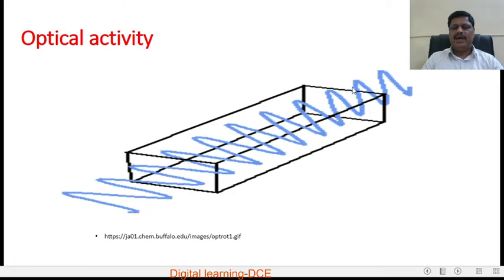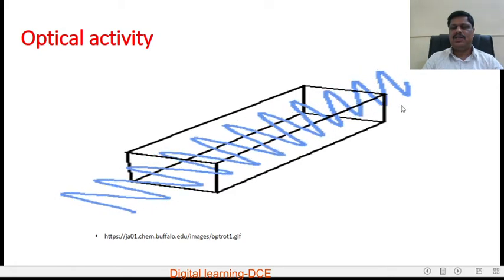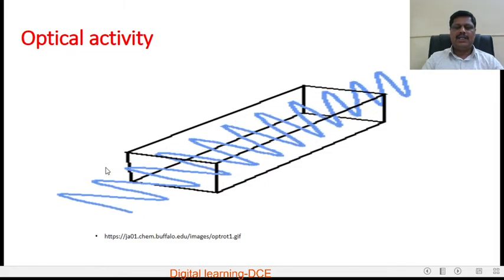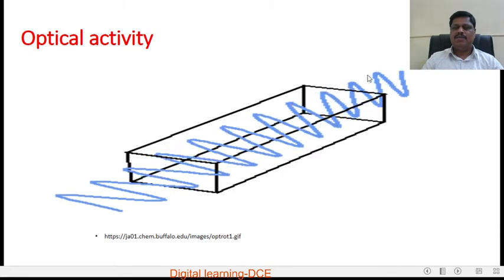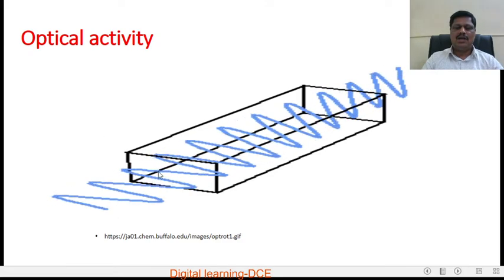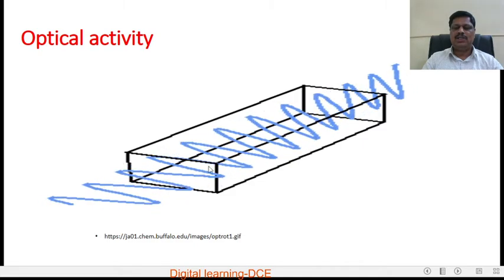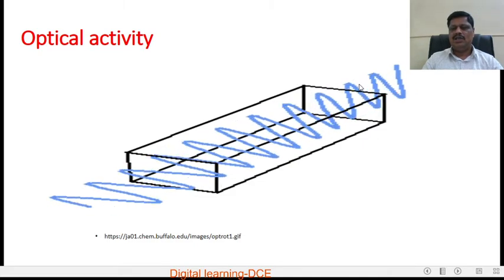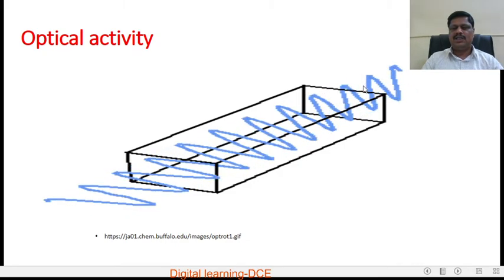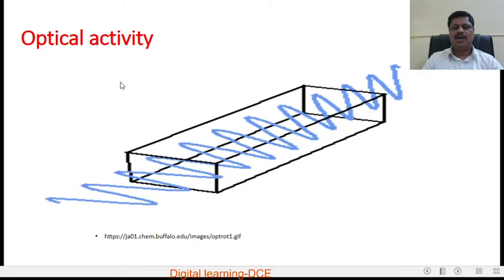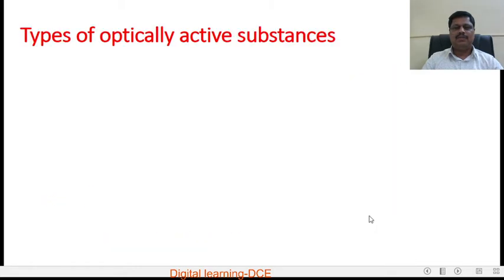So the incident light has vibration in this direction, whereas the emergent light has vibration in this direction. This property of rotation of the plane of vibration when plane polarized light is passed through optically active substances is called optical activity.